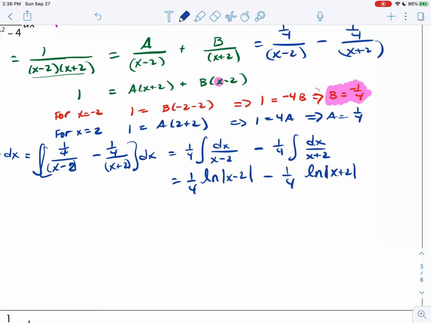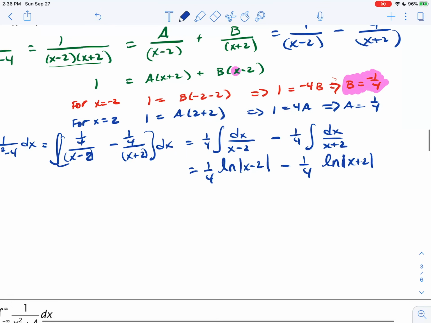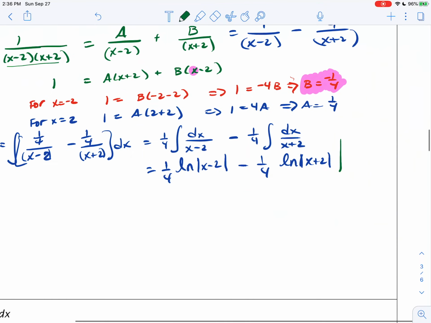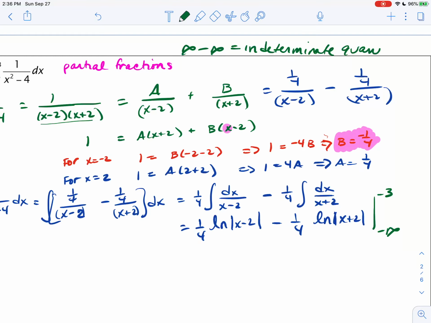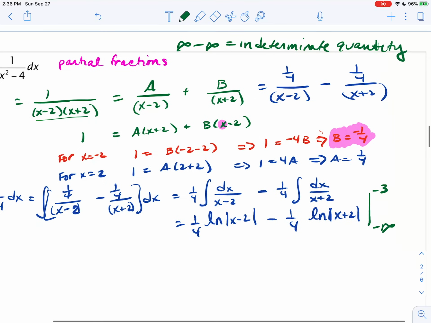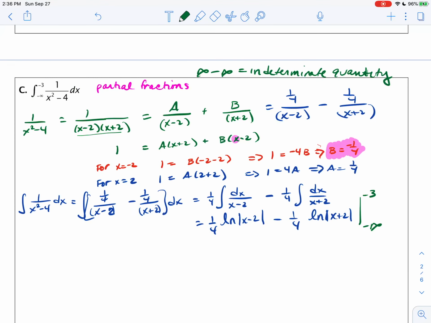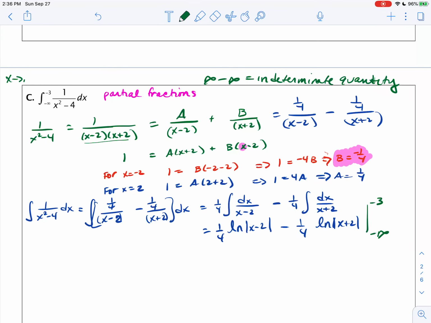Good. I do want to note that we are going to use our limits of integration from -infinity to -3, and infinity minus infinity is an indeterminate quantity, and we might end up with that with our ln of x minus 2, because the absolute value of -infinity is positive infinity, and as x goes to infinity, ln x goes to infinity.